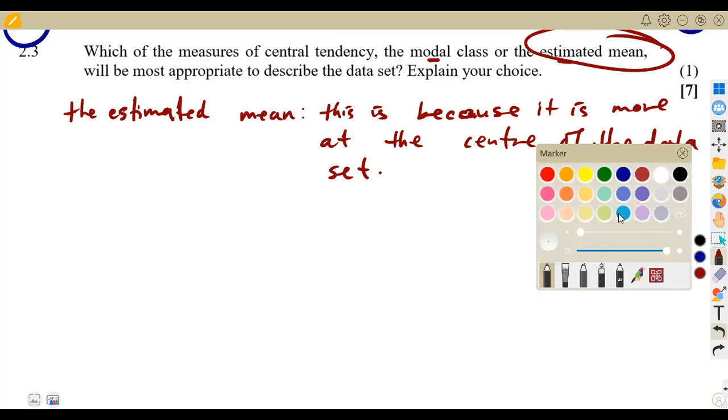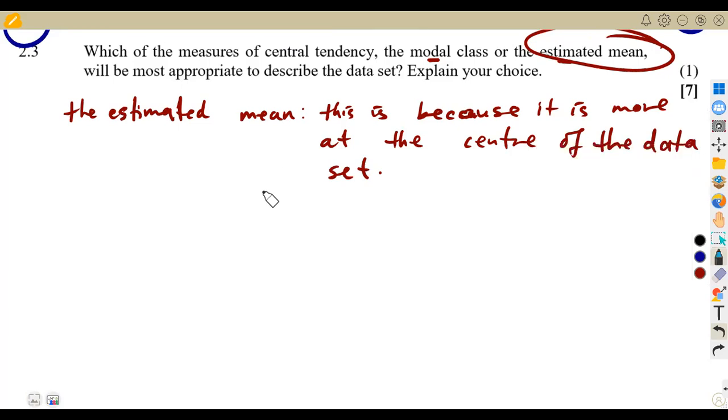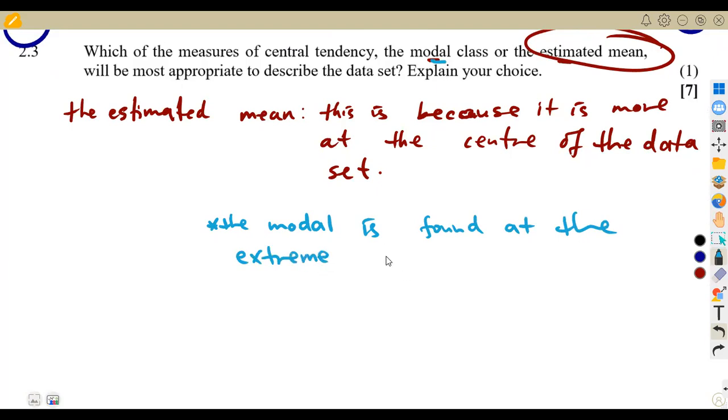Whereas the modal class is far away, at the extreme left-hand side of the data set.